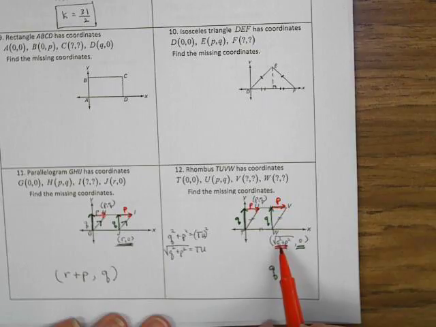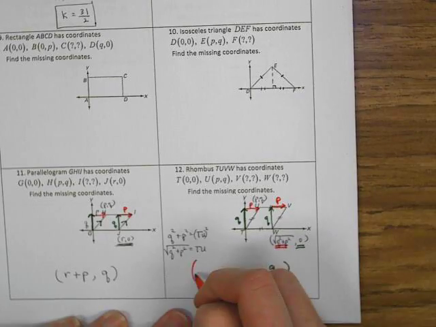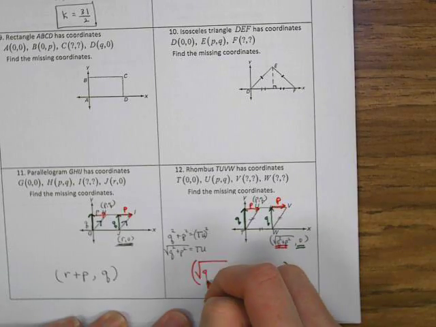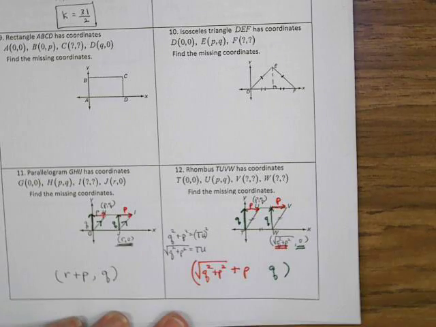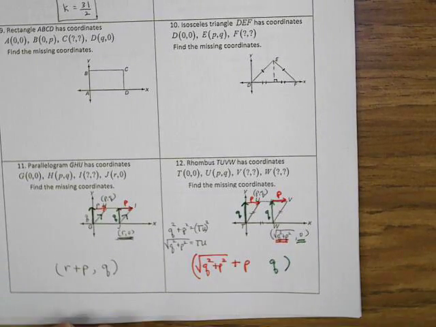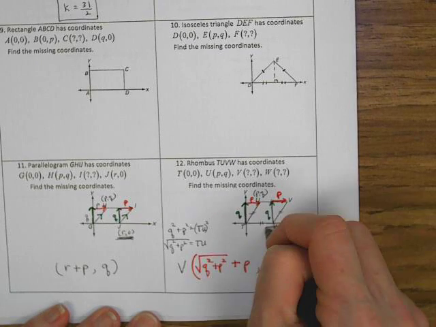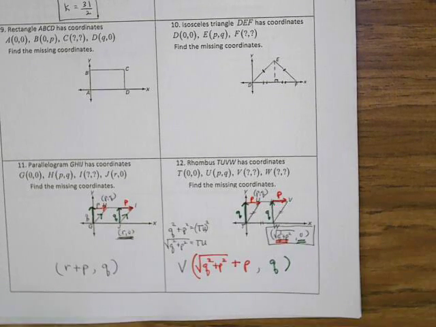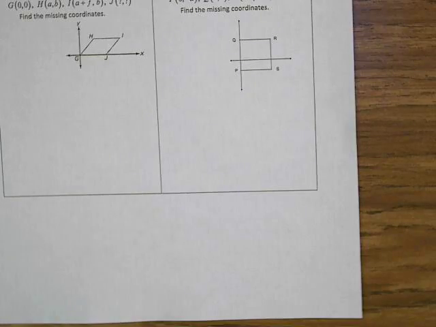So if I'm starting at the square root of Q squared plus P squared, and then I'm moving to the right P, my coordinate would be the square root of Q squared plus P squared, and then I'd add on P. That would be the coordinates of point V. This would be the coordinates of W. I think they asked for both. Okay? All right, let's take a look at one more problem.